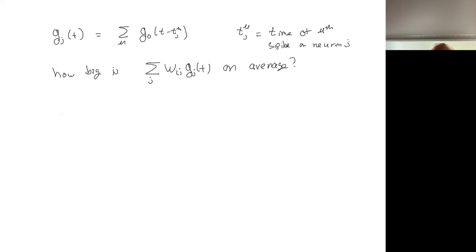We're just going to average this over a long time: 1 over T, the integral from 0 to T dt, of the sum on j of Wij Gj of t, where T is a long time.